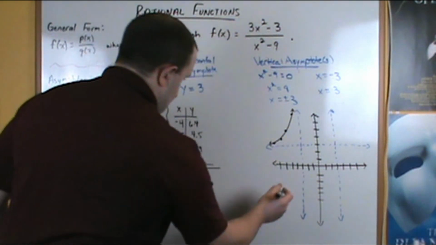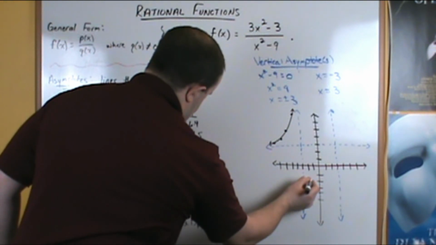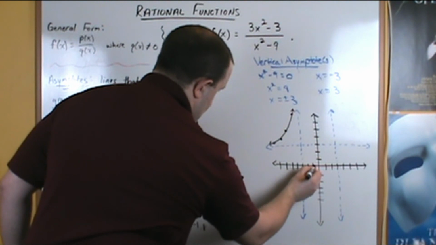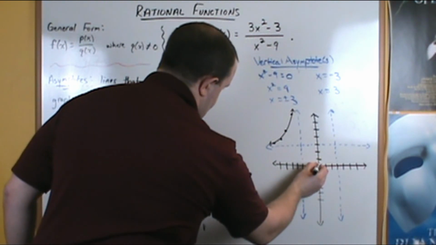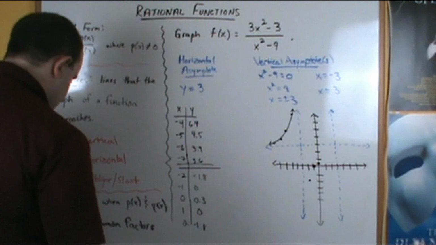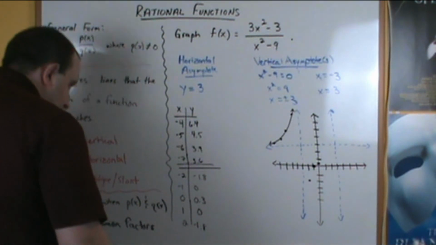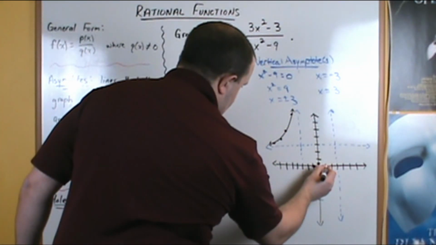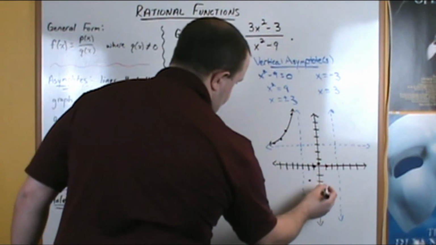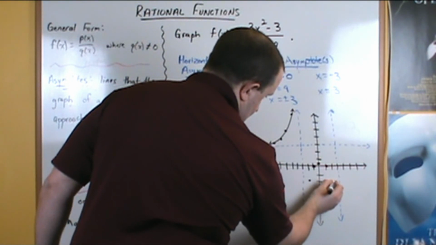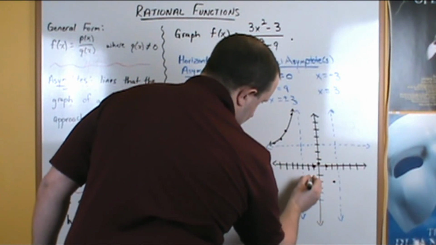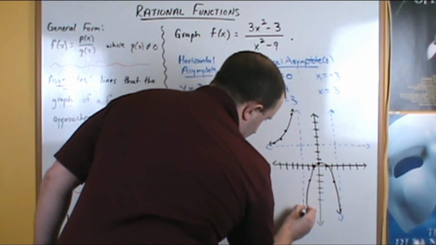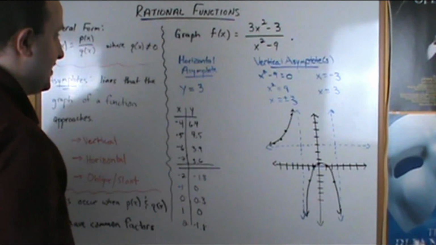So when we graph them, x equals negative 2, we get about negative 1.8, that's about right there. Negative 1 we get 0, 0 we get about 0.3. At 1 we get 0, and then at 2 we get negative 1.8 again. So this graph comes up, down, like that. That part goes like that.